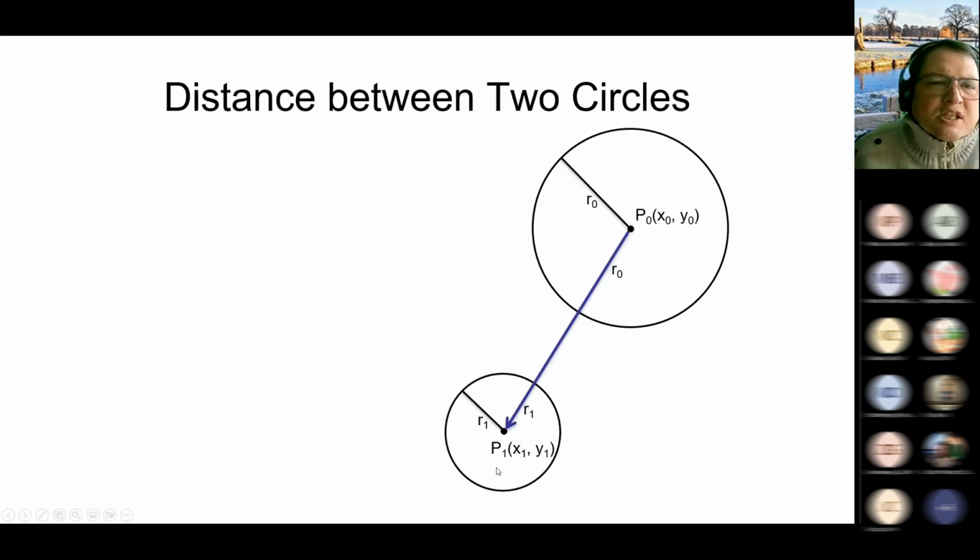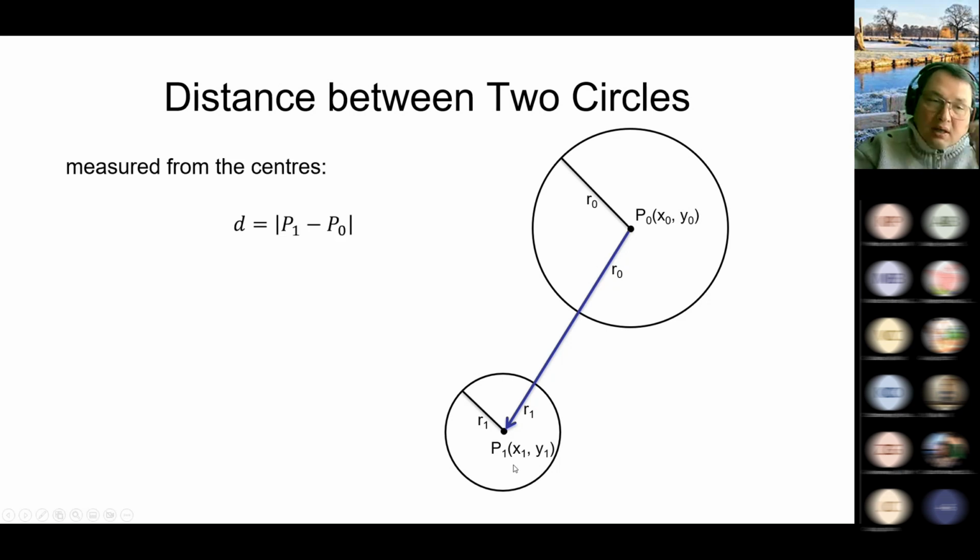Next thing, distance between two circles. What I said in the very beginning, a circle can be considered an expansion of a point. So if we have a formula to find the distance between a point and a circle, of course, this is the distance between the circles measured between the centers: P1 minus P0, the magnitude of this vector.